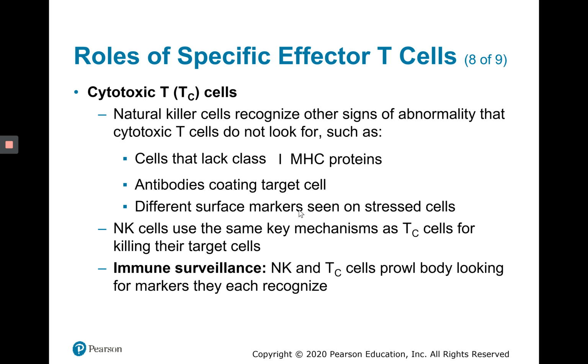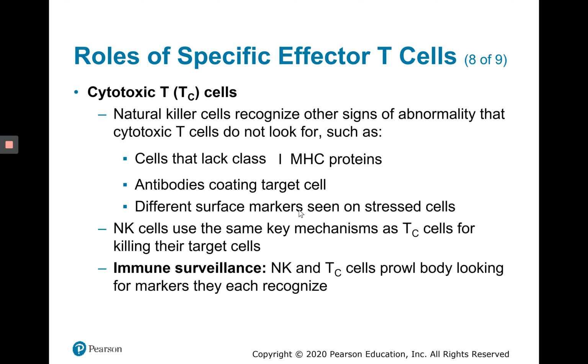Natural killer cells are also able to recognize other signs of abnormality that cytotoxic T cells do not look for. Remember, natural killer cells are non-phagocytic, but they are similar to cytotoxic T cells. But natural killer cells can actually recognize a lack of MHC class 1, whereas cytotoxic T cells are looking for MHC1 proteins holding foreign molecules.